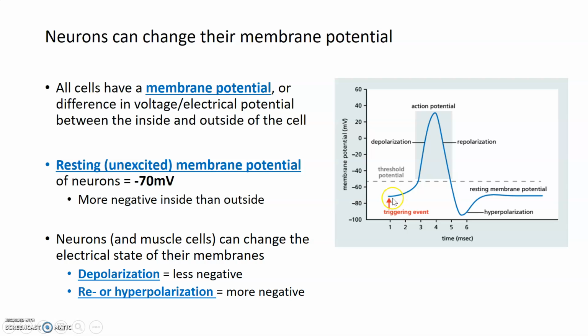And as you can see here from this graph showing the membrane potential of a neuronal cell, neurons can change this electrical state, or this membrane potential, through a process of depolarization, where they get less negative, and/or hyperpolarization, where they get more negative. And so through depolarization, repolarization, and hyperpolarization, neurons can change this membrane potential.